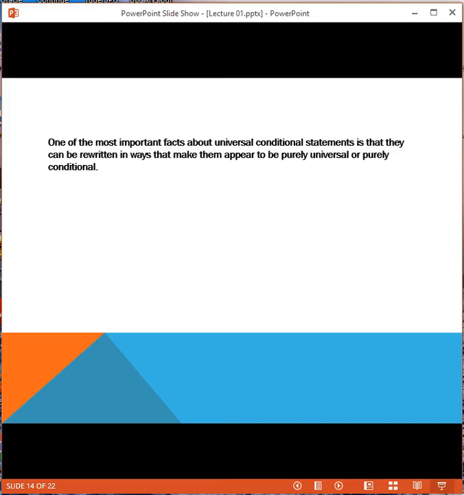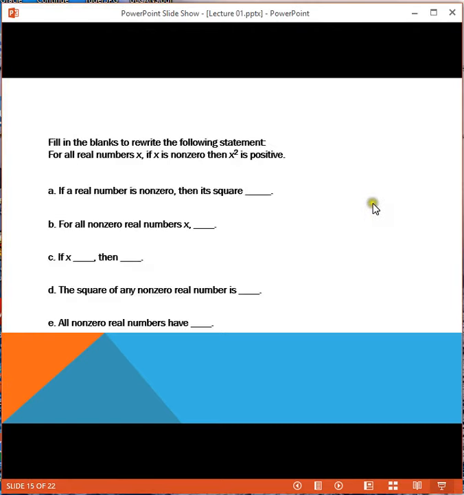One of the most important facts about universal conditional statements is that they can be rewritten in ways that make them appear to be purely universal or purely conditional. Let's take some examples. Let's look at the statement: for all real numbers x, if x is non-zero, then x squared is positive.